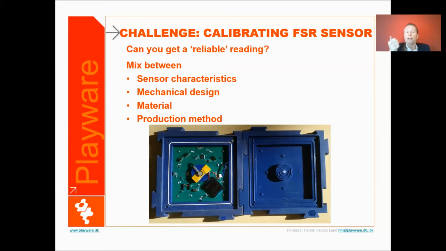But apart from that, there's also things like the mechanical design. Imagine here, people have to press down on the tile. When they press down on the tile, we want to get a sensory reading of that. How much force do they push with? So if they push with a certain force, we would like to read a certain number, let's say 120, when they're pushing down.